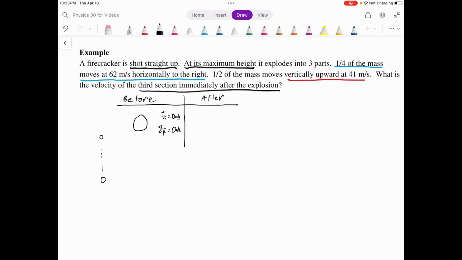If we actually were to zoom out and examine a bigger system, in this case the firecracker and the Earth itself. Believe it or not, as the firecracker is shot away, the Earth's momentum is slightly changed as well from pulling on the firecracker. We know that gravity is a mutually attractive force, so the firecracker does have mass and it ever so slightly pulls on the Earth upward.